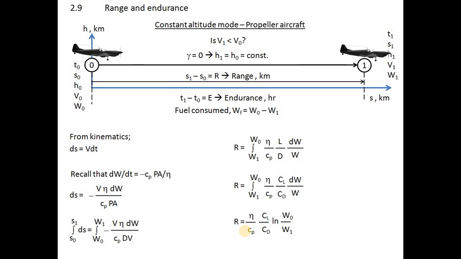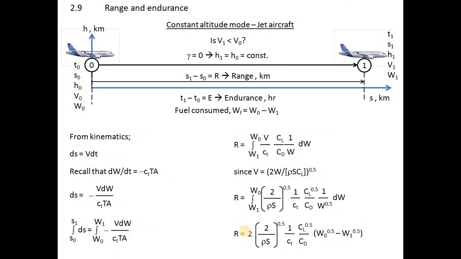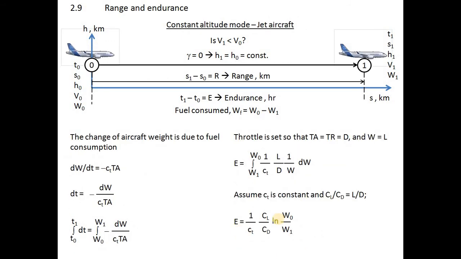But between jet and propeller, they have one similarity. If you want to fly a longer range, you have to fly faster. If you want to fly at the longest endurance, the most amount of time in the air, you have to fly slower. So going back to jet aircraft, for maximum endurance, fly at maximum CL over CD.